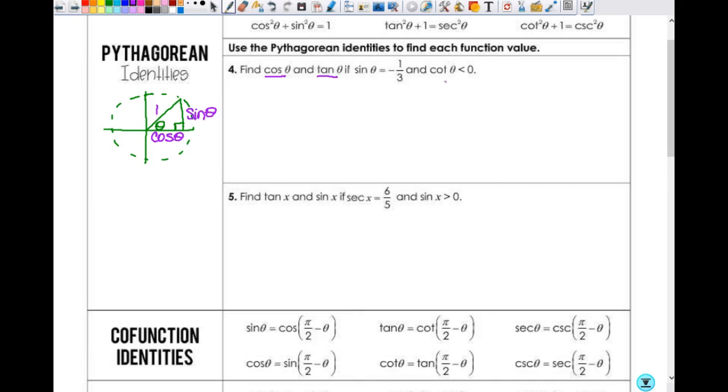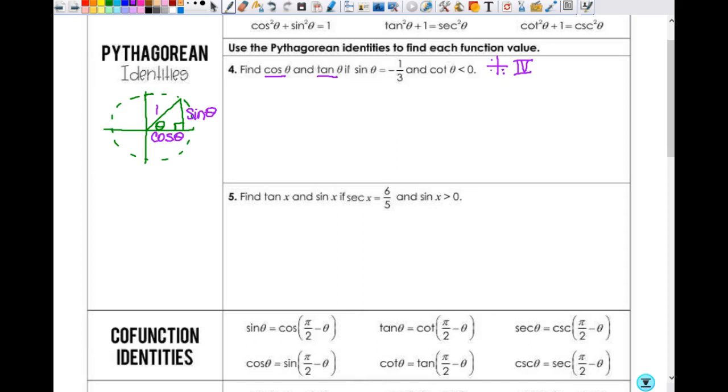If sine is negative, sine is only negative in which quadrants? 3 and 4, right? And cotangent is negative. Cotangent is negative in 2nd and 4th, right? So they overlap here, so this means we're in the 4th quadrant for both of those things to be true. Does that make sense?